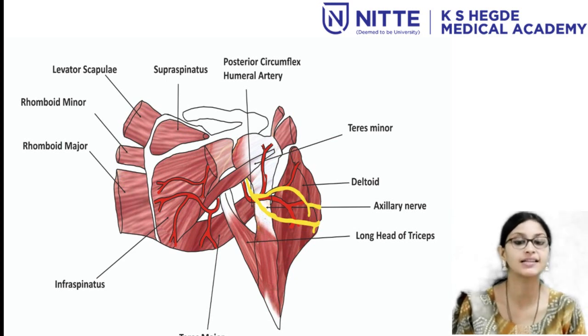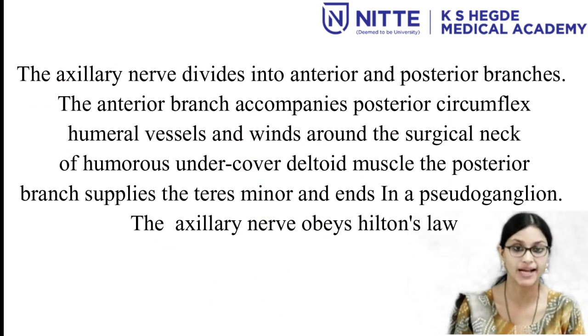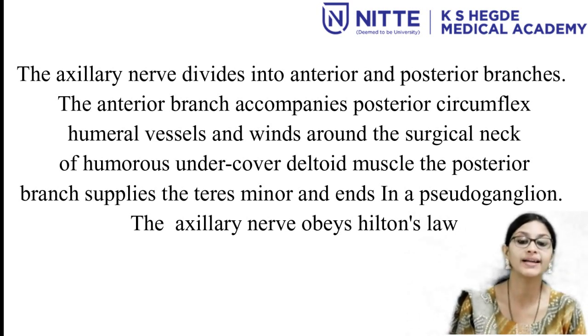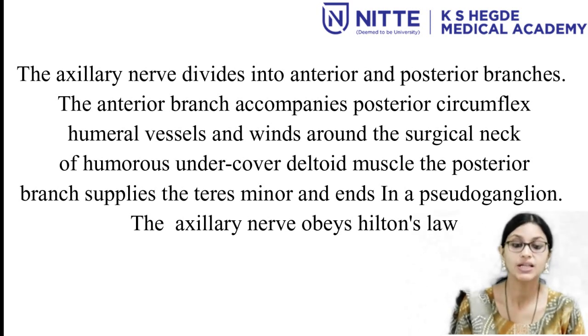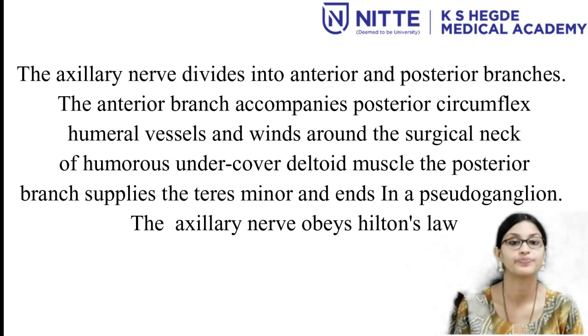The trunk of the axillary nerve, while passing through the quadrangular space, gives an articular branch to the shoulder joint. Then the nerve divides into anterior and posterior branches. The anterior branch accompanies the posterior circumflex humeral vessels and winds round the surgical neck of the humerus under cover of the deltoid muscle. The posterior branch supplies teres minor and ends in the pseudoganglion. So this is the nerve that obeys Hilton's law.